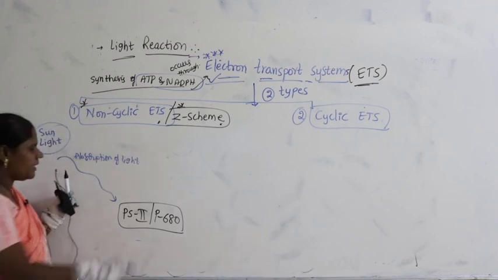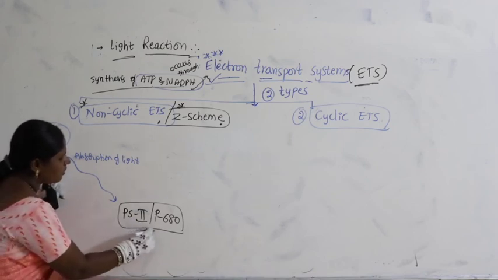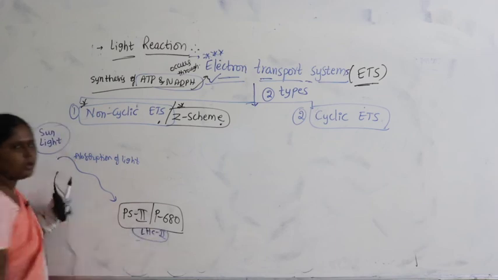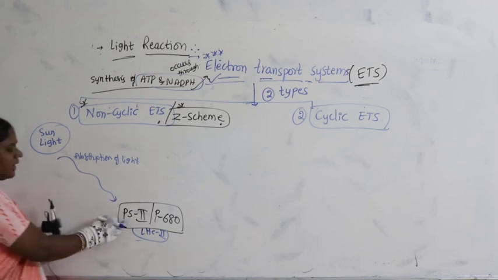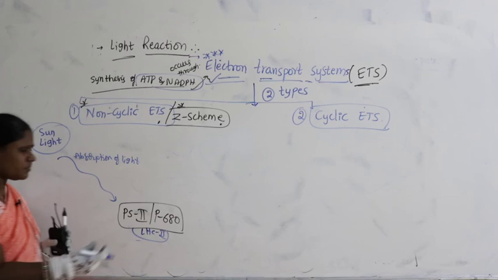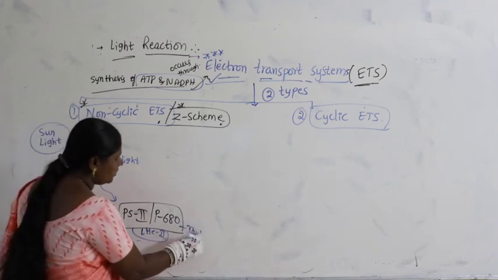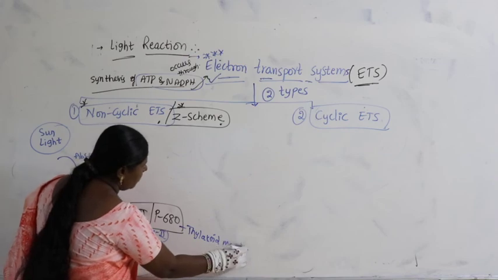That is why it is called PS2 or P680, or light harvesting complex number 2. Where is this happening? On the thylakoid membrane, facing the lumen of the thylakoids. PS2 is located on the thylakoid membrane.